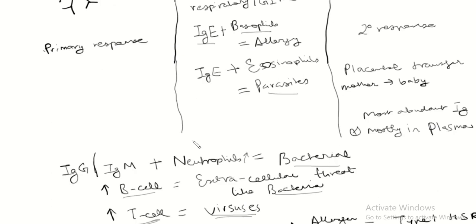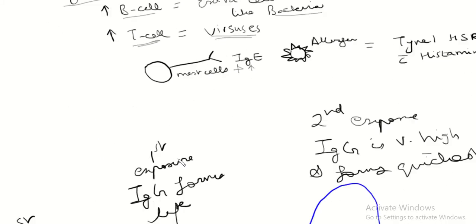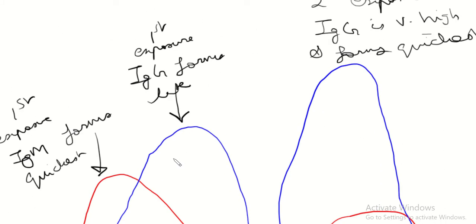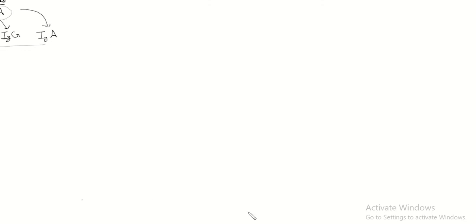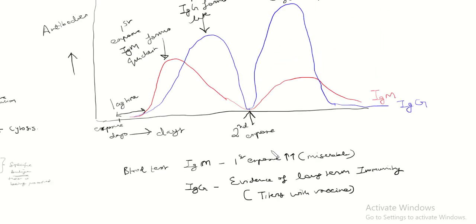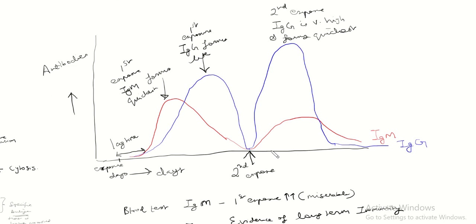Now, we talked about IgGs and IgMs and the fact that they rise. So let's spend a couple more minutes on how they rise and fall. This is very, very important, and I want to make sure we are covering this because it has a lot of implications for clinical medicine.